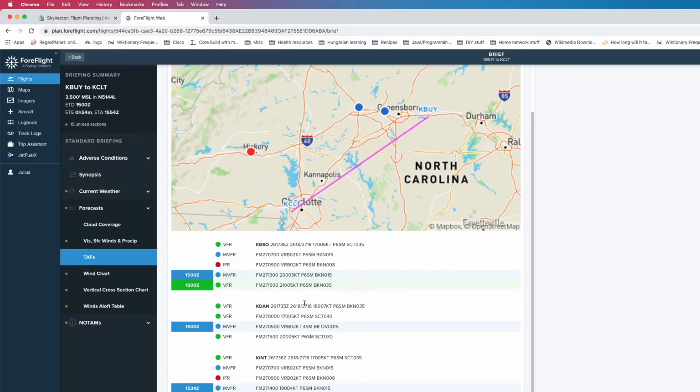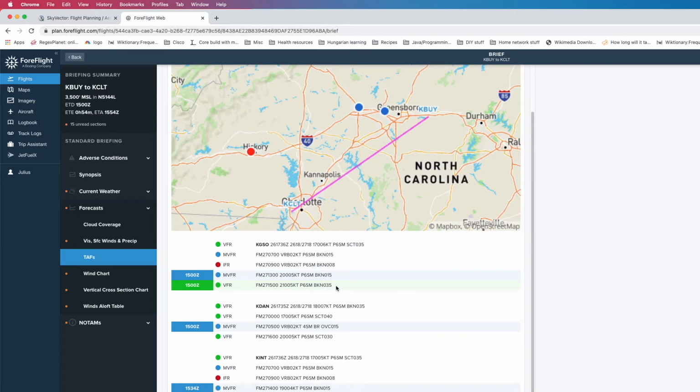Now, that doesn't mean that you won't be able to do your check ride necessarily, because with a 3,500 foot ceiling around Greensboro, in the practice area to the southwest where I was doing my maneuver testing and other portions of the flight portion of the check ride, I just needed about 3,500 feet minimum, and this would have been okay.